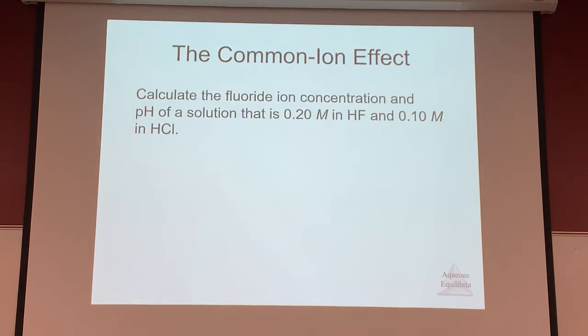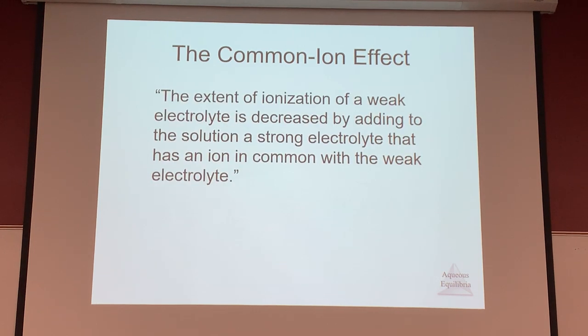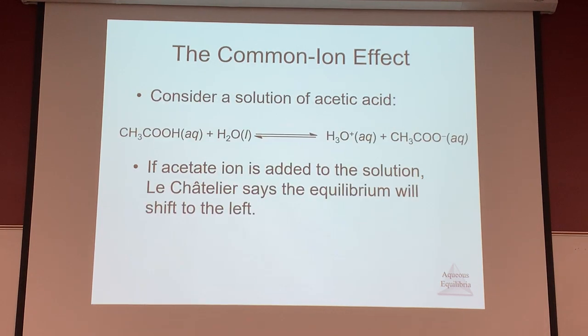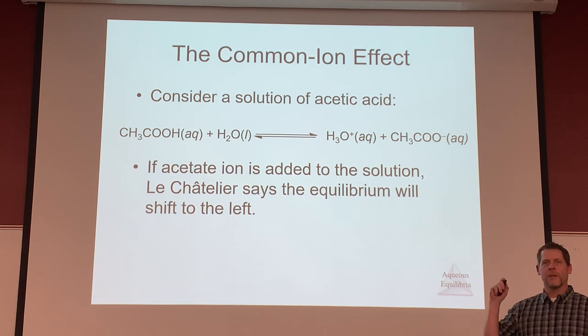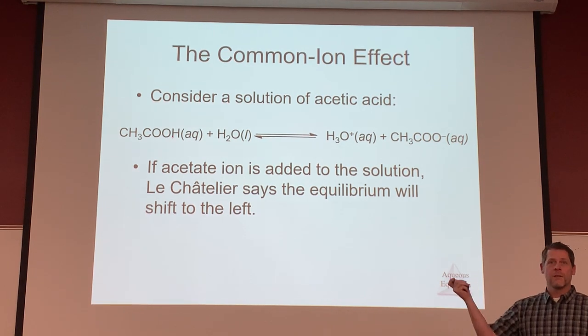Let's go to the next one. When you add something to the reaction on the first one, it moves to the left. What are you adding? You're adding acetic acid. So here, if you add acetic acid, Rosalie, it pushes it to the right. If you add acetate ion here, it pushes it to the left.